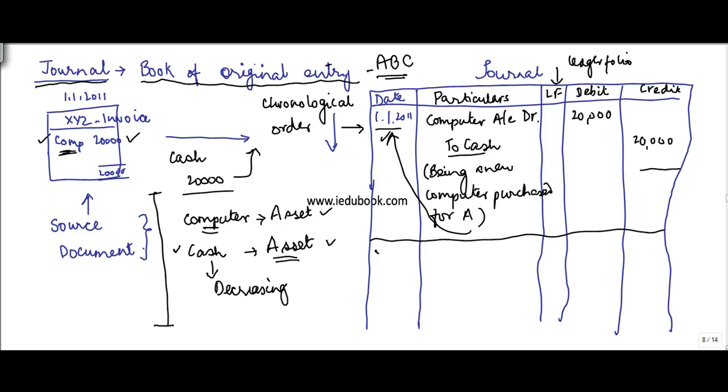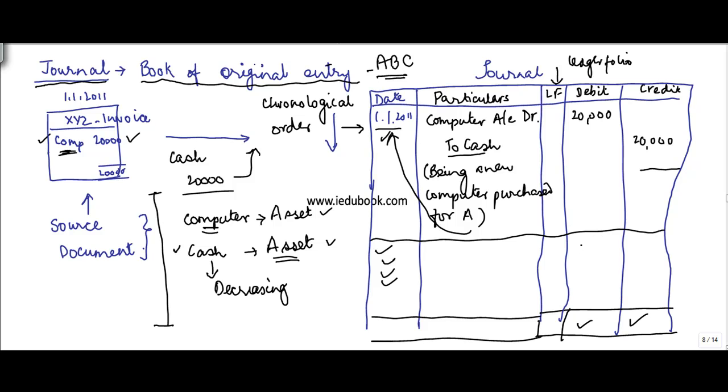Similarly, you can keep on marking all other transactions. Now the journal also has its own totaling. Once a particular page in a journal is completed, you total both the debits and the credits. Let's say I'm taking this as the total of all these transactions.